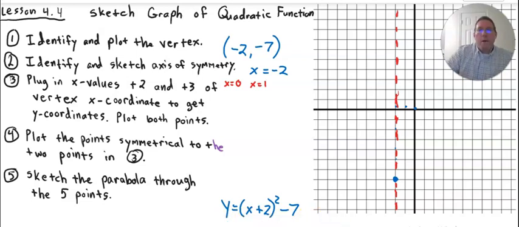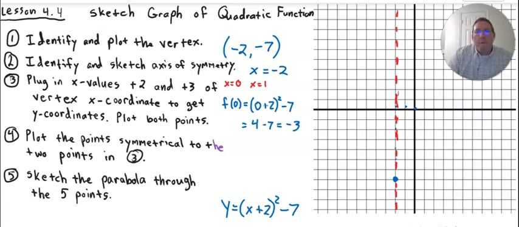All right, and so we're going to do, well, what is f of 0? F of 0 is going to be equal to (0 plus 2) squared, minus 7. Okay, well, 0 plus 2 is 2, 2 squared is 4, 4 minus 7 is -3.